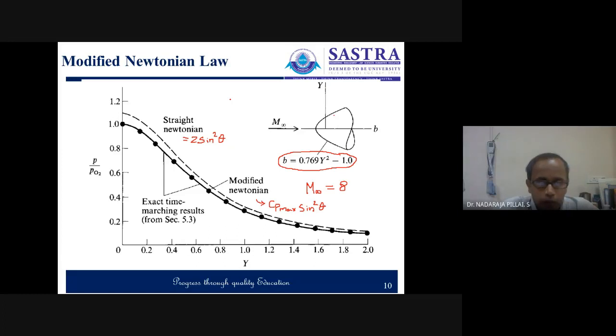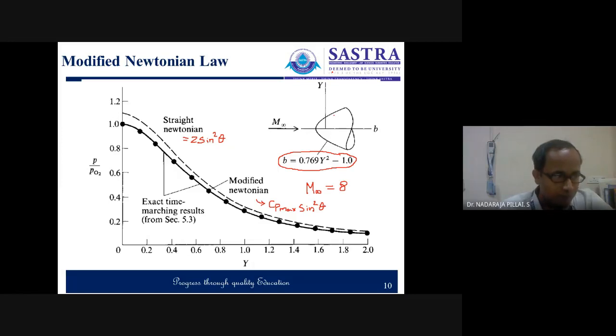As we discussed earlier, P02 is the total pressure measured behind the normal shock, which can be considered as the stagnation point of the given body.